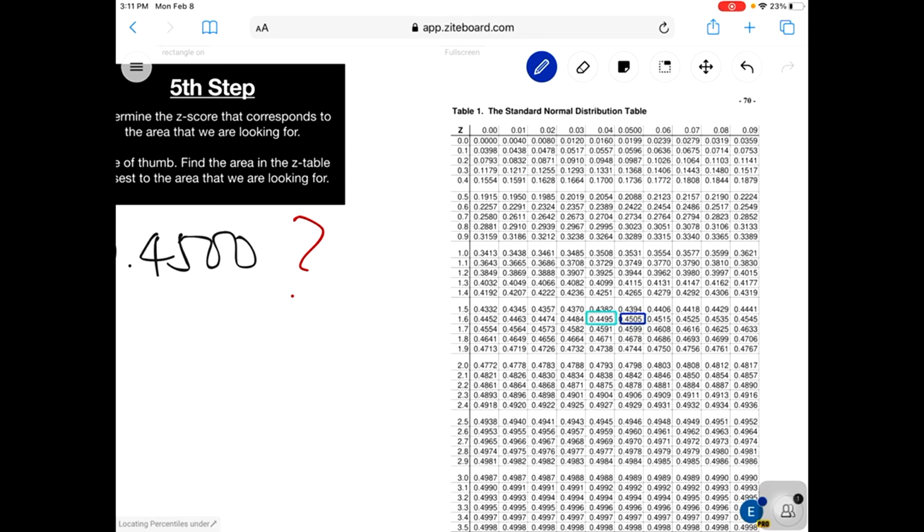Both areas have the same distance from 0.4500.